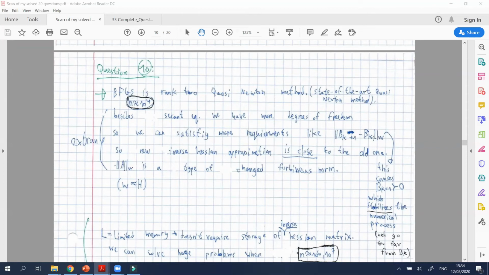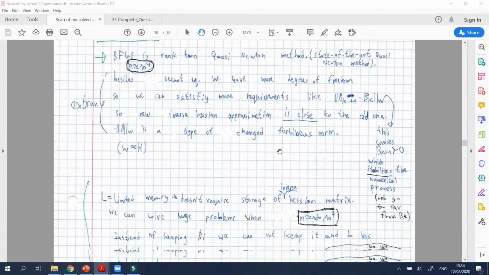This will actually stabilize the numerical process and make sure they're not too far away from each other. Or rather, for the process to be numerically stabilized, for this to stay as a PD matrix. So just as an idea, we can add more requirements, and this is the state-of-the-art Quasi-Newton method.